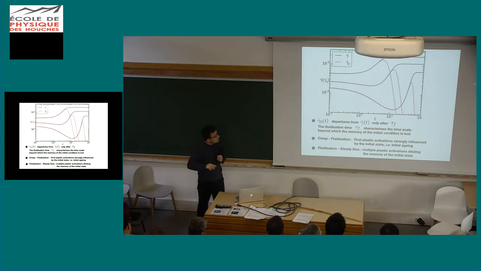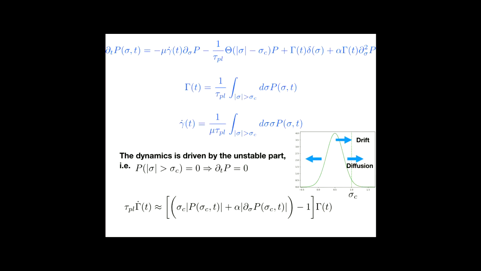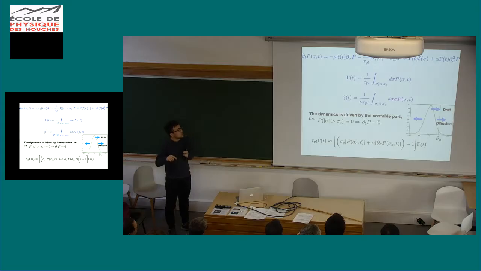And to study how the initial condition gives rise to these different kinds of behavior, we do some semi-qualitative analysis. So here is the Hébraud-Lequeux model that we use. You can see that the whole dynamics, the evolution in time of P of sigma, is driven by the part of P of sigma that is larger than sigma c.